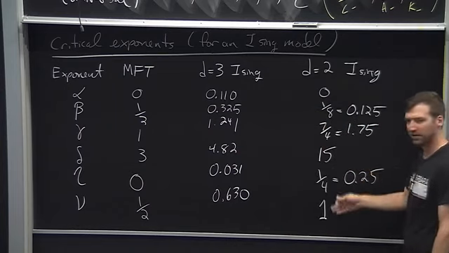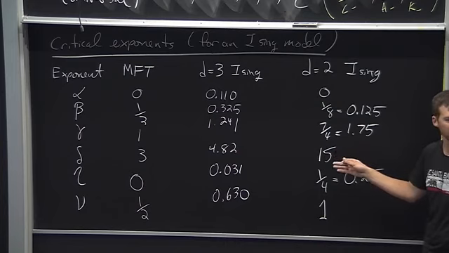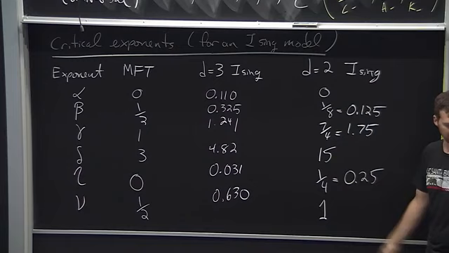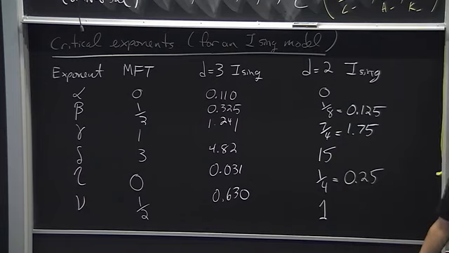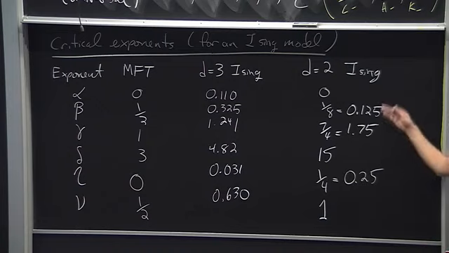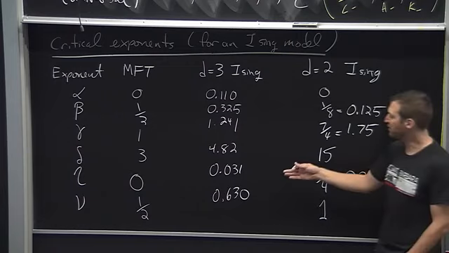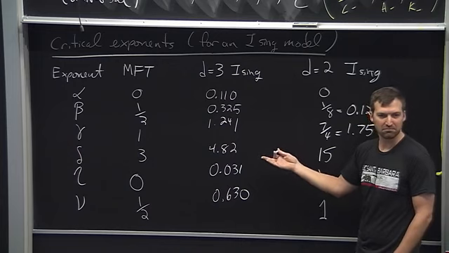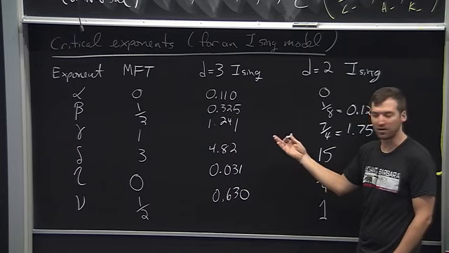You know how these exact values are calculated? Basically the Onsager solution, like what you're doing in 1D in question 3. There's an exact solution for the 2-dimensional Ising model. These are the values of the critical exponents, so they're different than in 3 dimensions. You know how those are calculated? Yep, either series expansion or Monte Carlo.